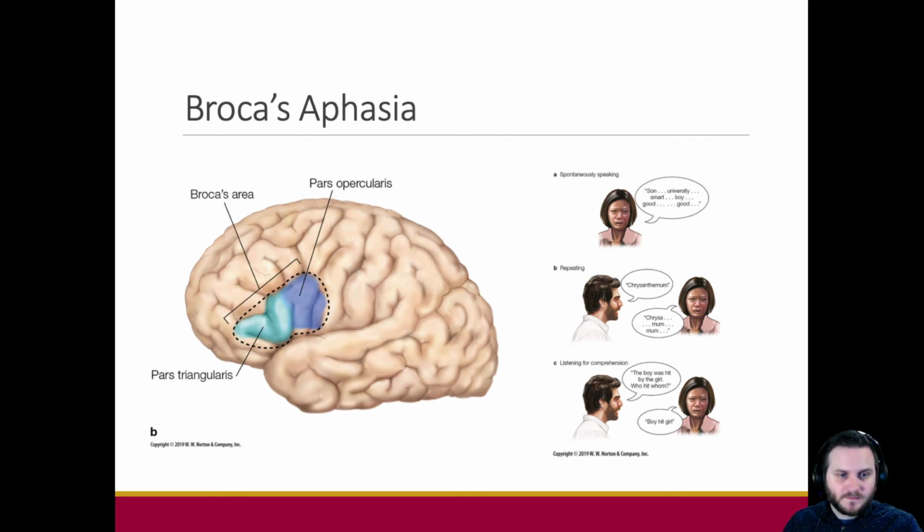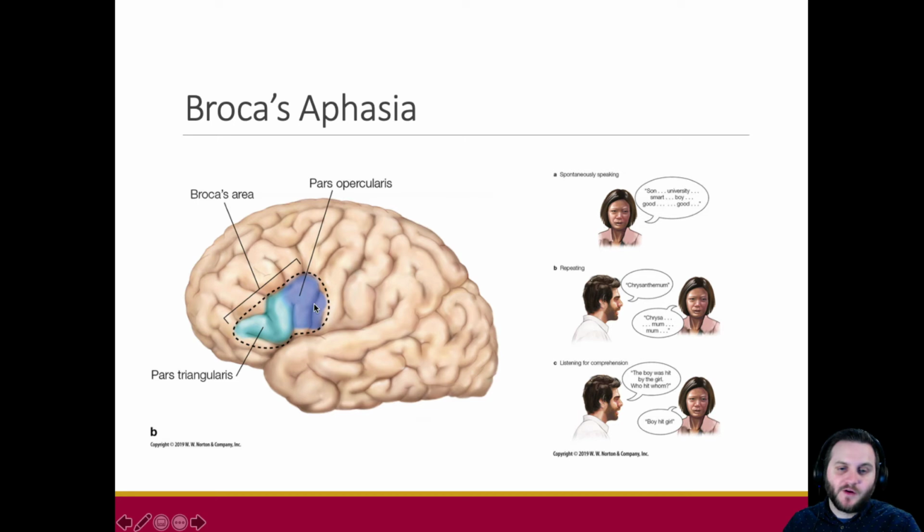Broca's area is both shaded areas on this brain, okay? And it can be divided into two regions, okay? The pars opercularis and the pars triangularis. I'm not entirely sure what opercularis means, but triangularis is because this gyrus is triangular.